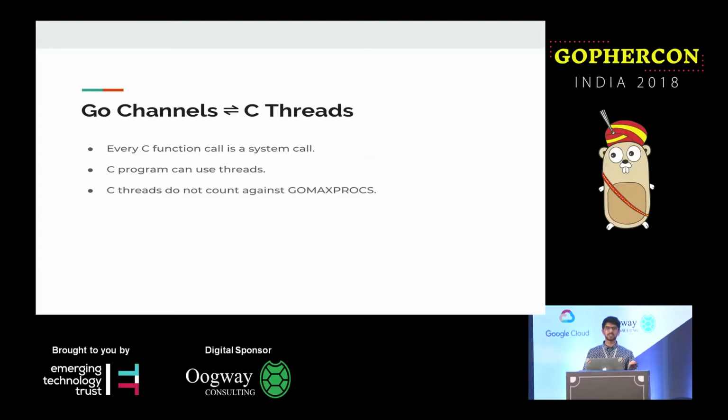All the resources of that thread will be taken, and if you have thousands of goroutines and all of them call C functions, then you can essentially block or stall the application, and that depends on GOMAXPROCS. However, if you have a C program that internally uses its own threads, then those are not counted against GOMAXPROCS.